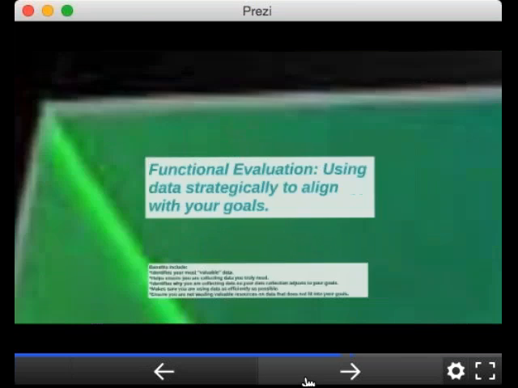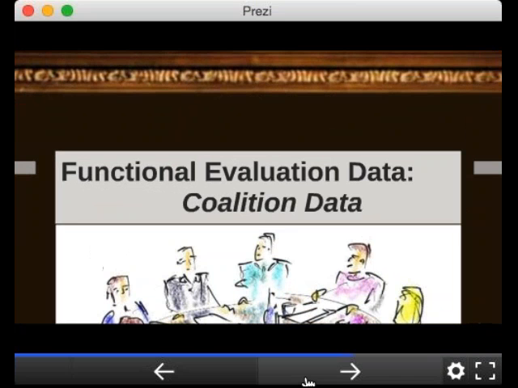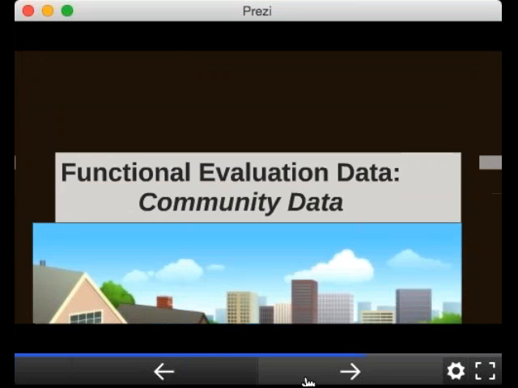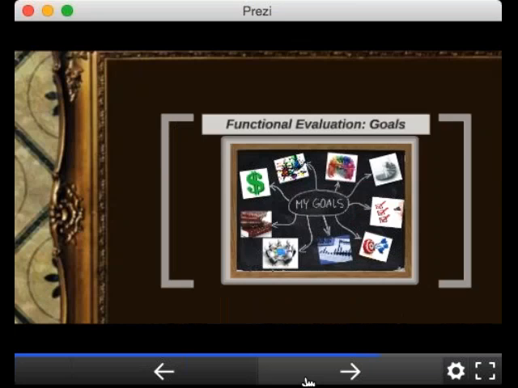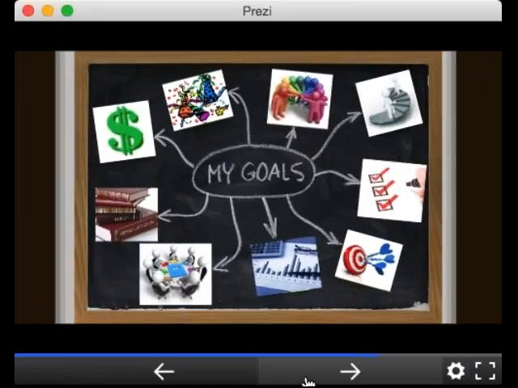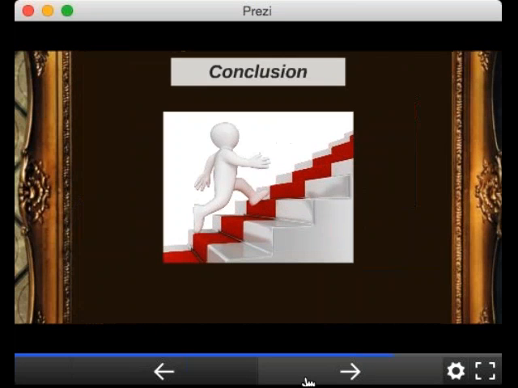We then talked a little bit about the different categories of data, including coalition data and community data that coalitions typically collect and are responsible for. We then talked about the research and the 8 functions or goals for evaluation and what it is that coalitions want to use their evaluation for.